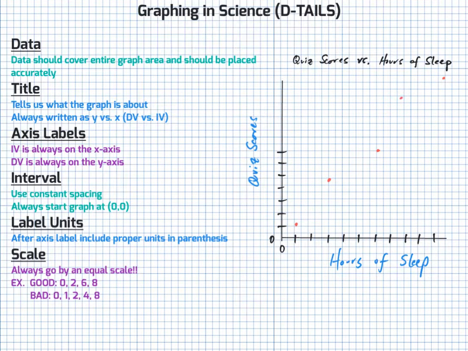We don't want to have them spaced out like this, and then all of a sudden one that's way up here. That's just going to look silly. So we want to equally space our interval marks.